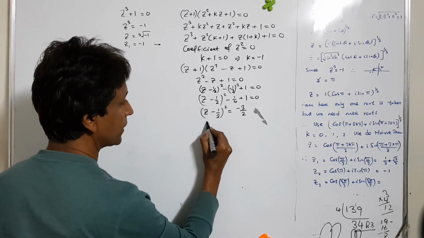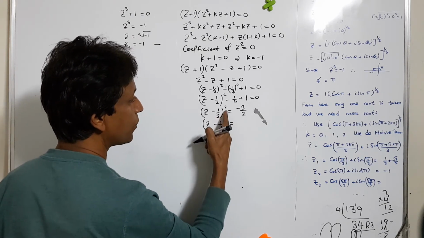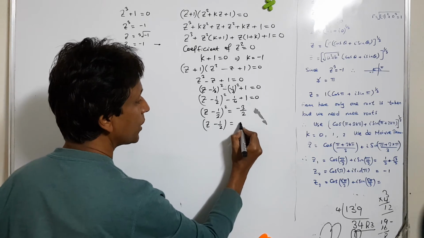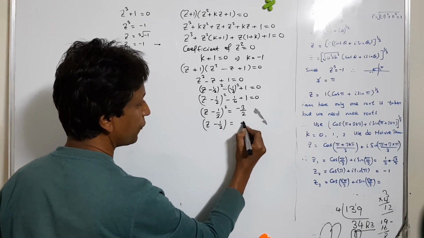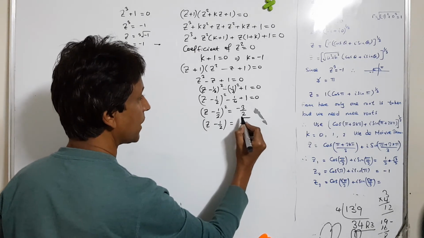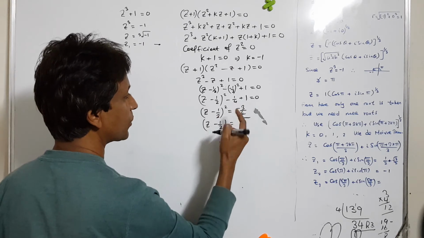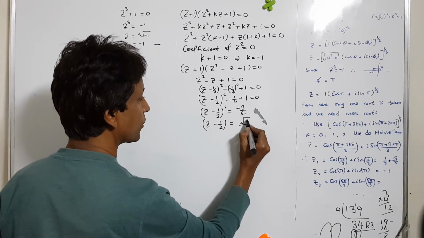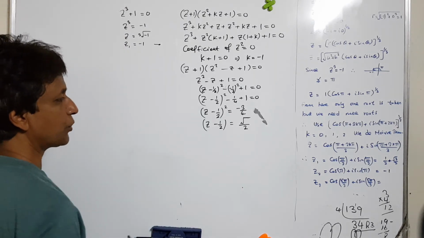So now I've got z minus half is equal to the square root of minus 3 over 4. Because 1 minus 1/4 is 3/4. So square root of minus 3, and the square root of 4 is going to be equal to 2.